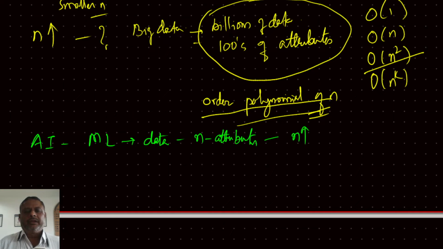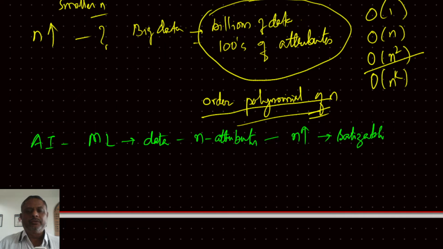So we need to find some way out so that these systems can be reasonably realizable. We need to make sure that these things are realizable.